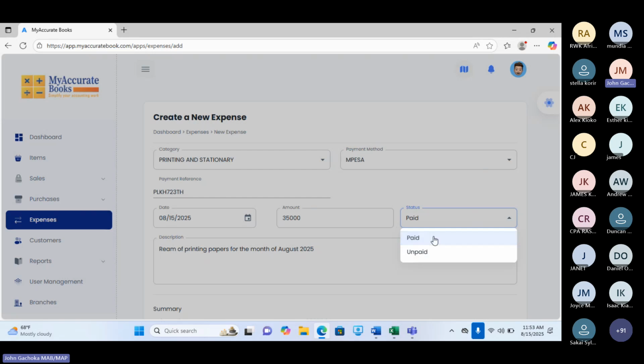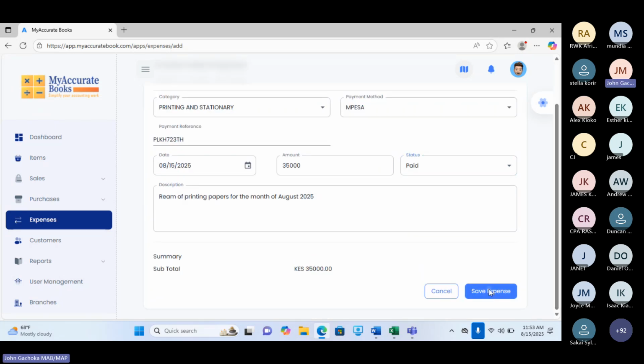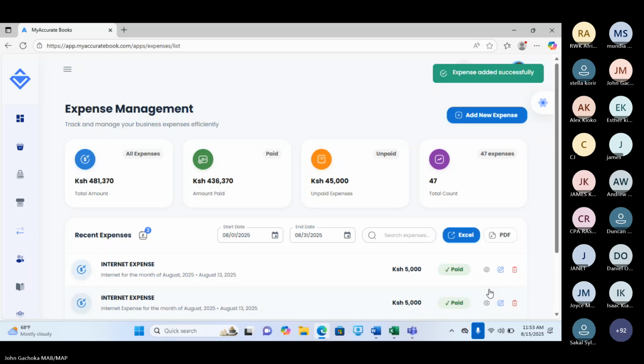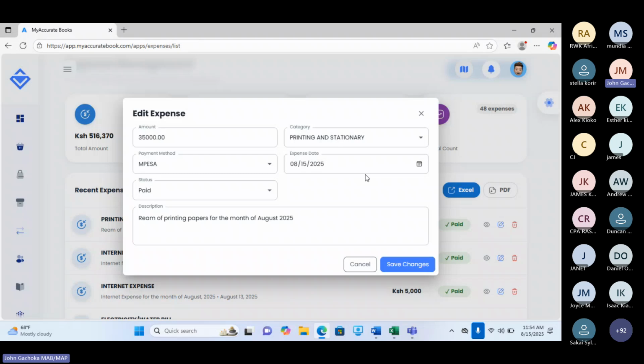So we update that. The good thing is that it can be reviewed. As soon as you save it, it can be reviewed. By being reviewed, I mean, for example, whoever was sent to buy, maybe the costing went down to 34,000.